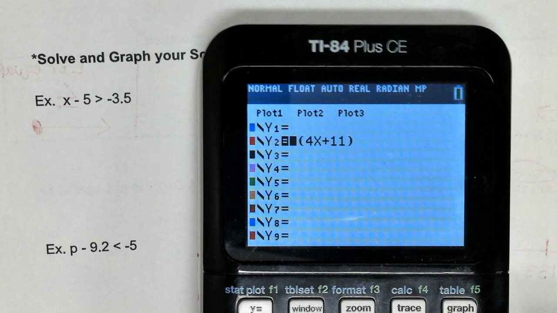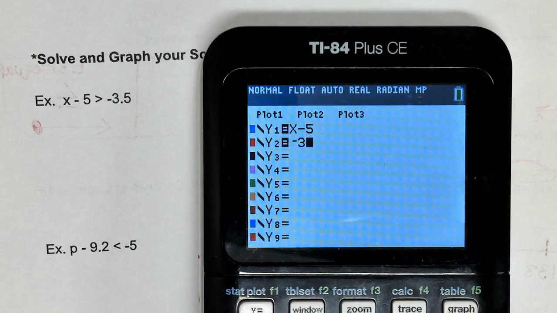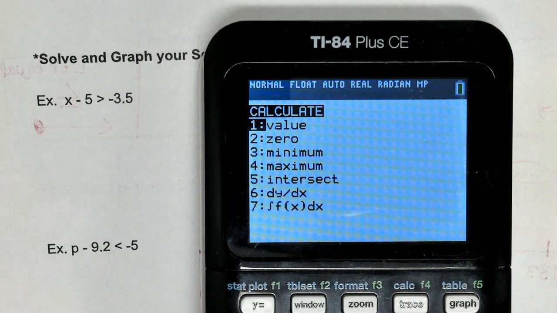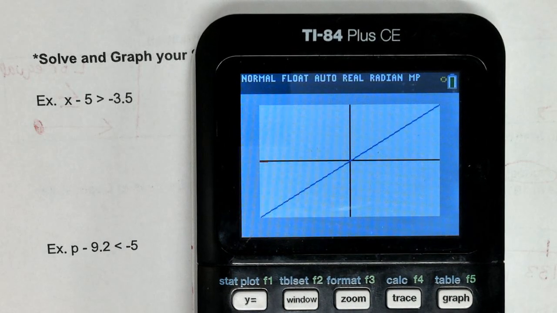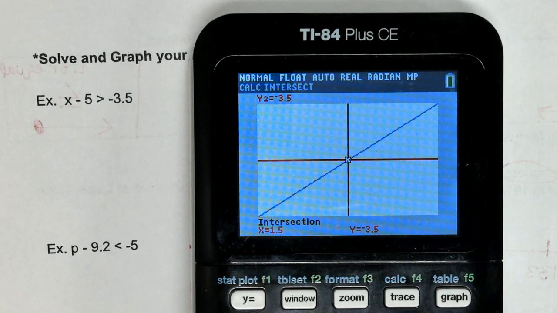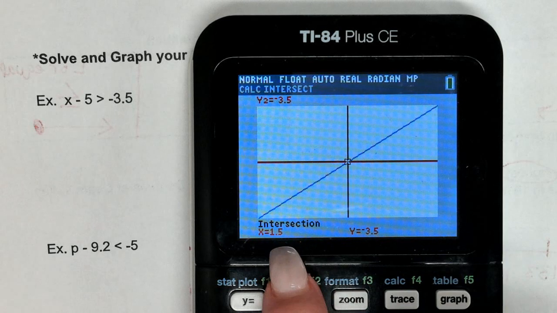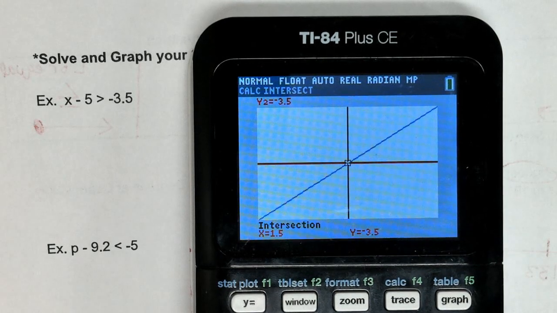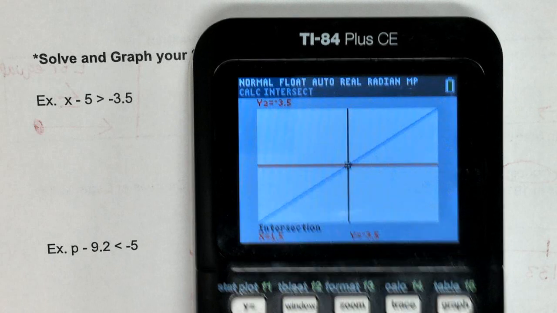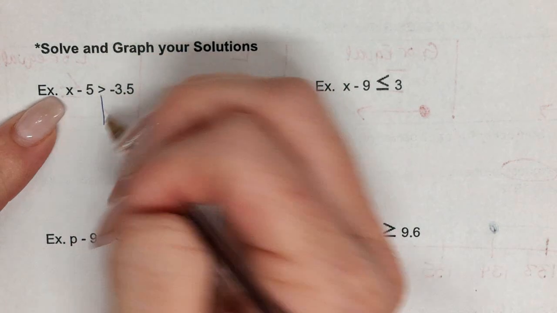If I go to y equals and I type in x minus 5 for y1 and negative 3.5 for y2, and I hit second trace 5, enter, enter, enter, my answer is going to be x is an inequality sign, and then my number is going to be 1.5. So it will tell me the number, okay? So you can check yourself with that, but let's go solve it by hand. This is like the equal sign right here.